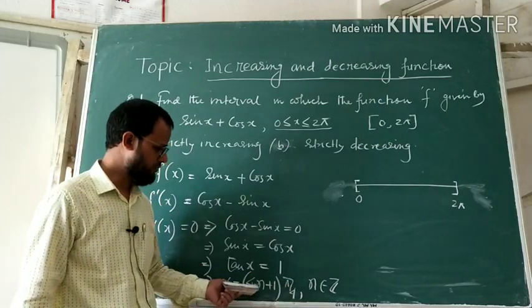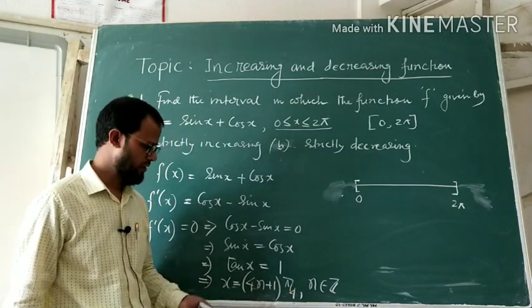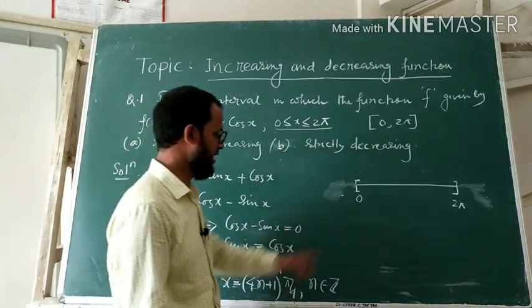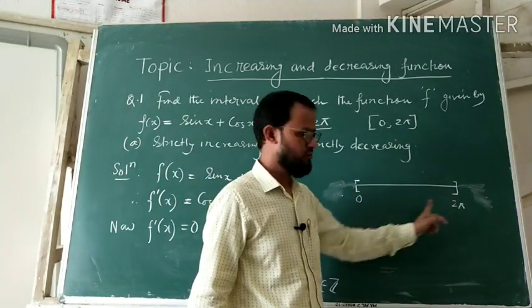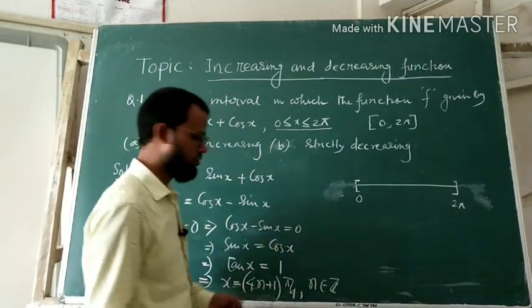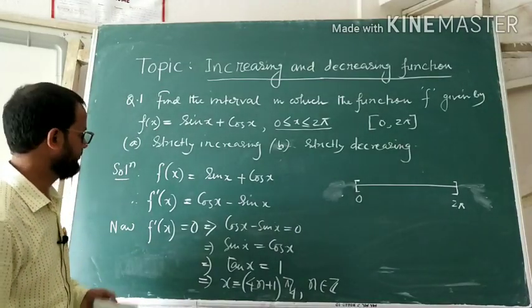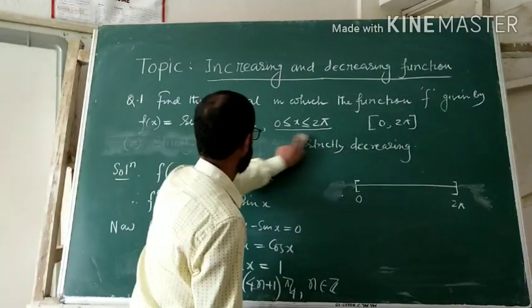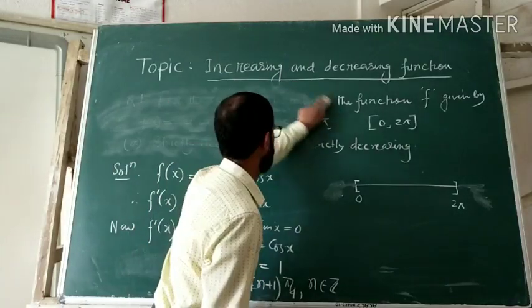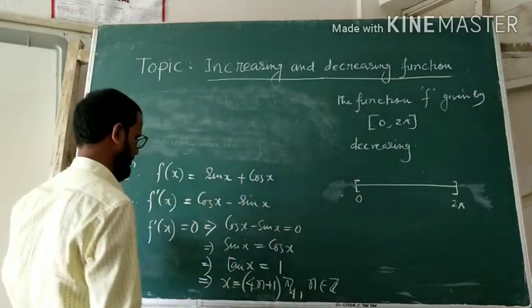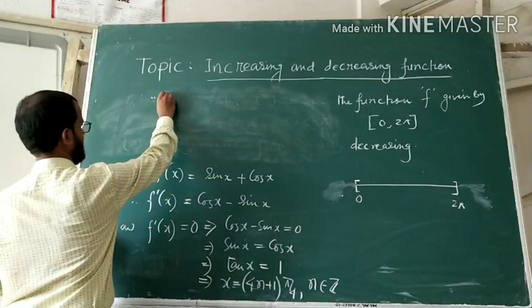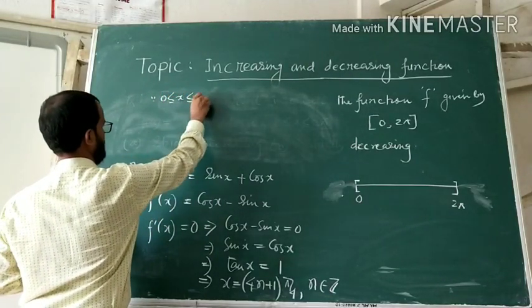There are infinite number of values which satisfy this equation, but our values should be lying between 0 to 2 pi. The values which lie within 0 to 2 pi we will satisfy, that is, we will accept. Now find the value of x under the condition 0 less than equal to x less than equal to 2 pi.